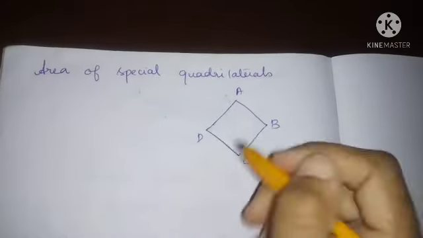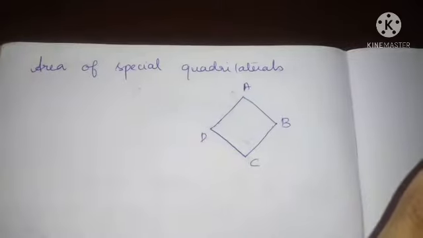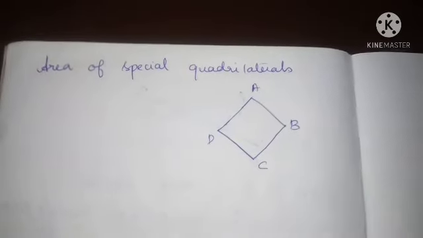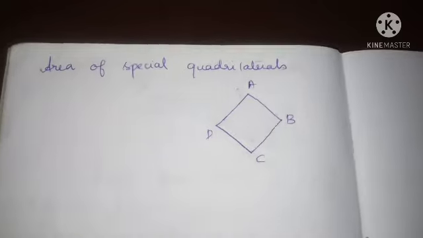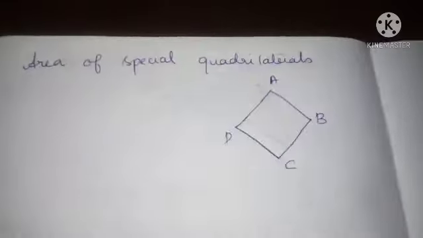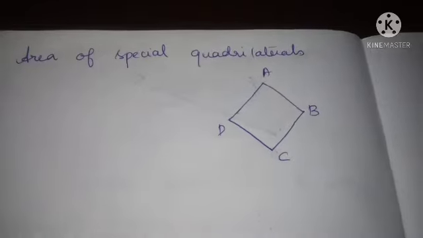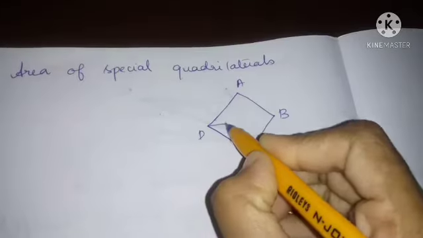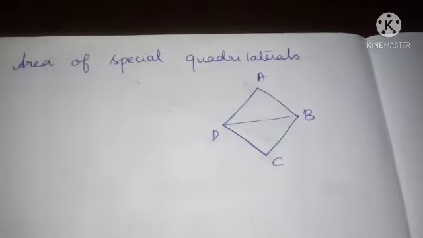When you want to find the area of the rhombus, it cannot be found directly like a square or rectangle. We have to use the triangulation property. We are going to divide it into two triangles.